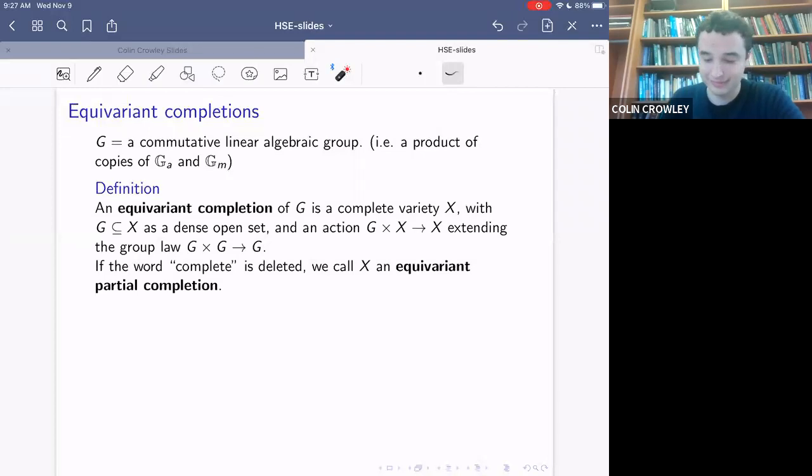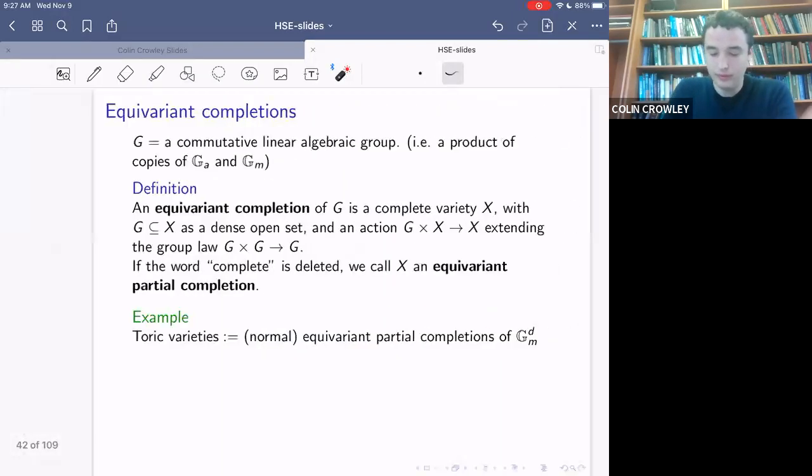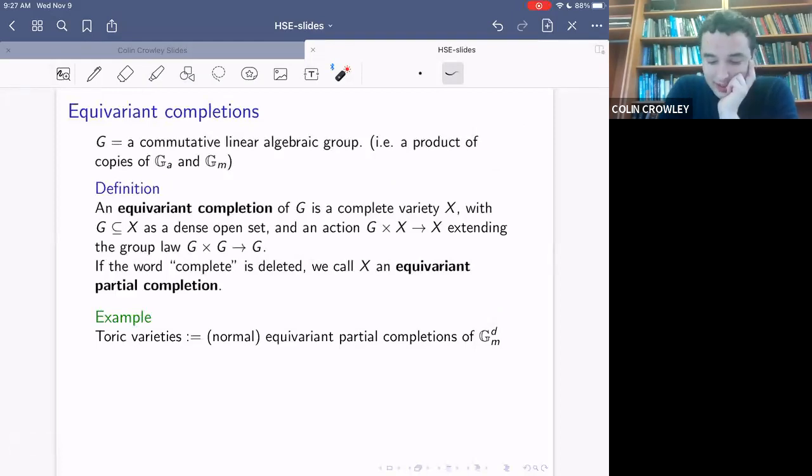Okay, so these are the definitions, and a very nice example is toric varieties. These are precisely normal, one often includes that, equivariant partial completions of just copies of the multiplicative group, of just the torus.